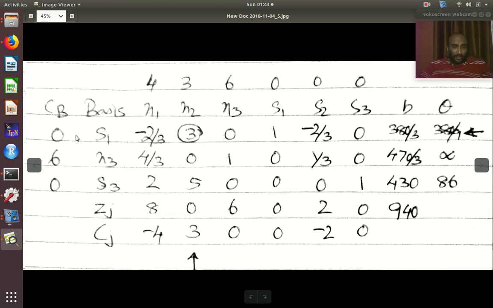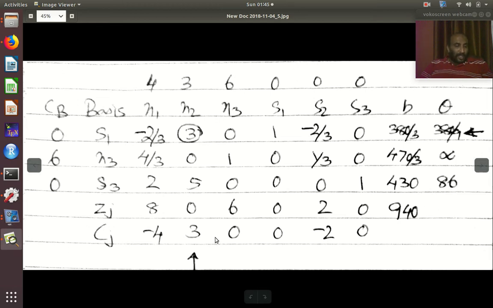Again here, 0 into 3 plus 6 into 0 plus 0 into 5 results in 0, and here 0 into 0 plus 6 into 1 is 6, plus 0, which comes as 6. Similarly you can complete this one, and here also you can do the same. So this yields us 940.